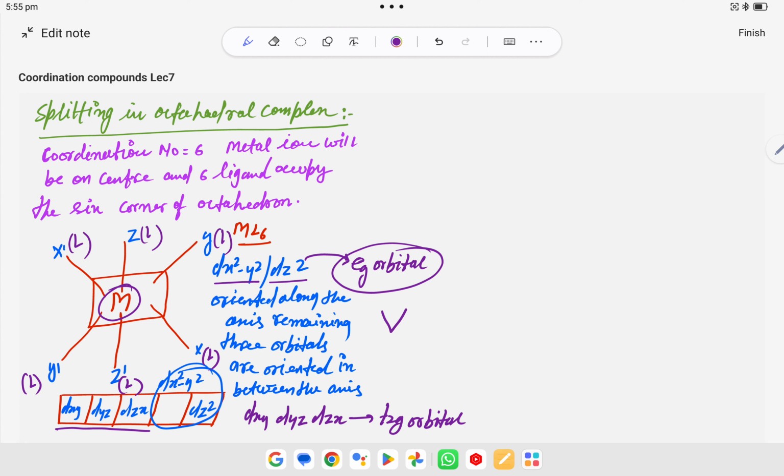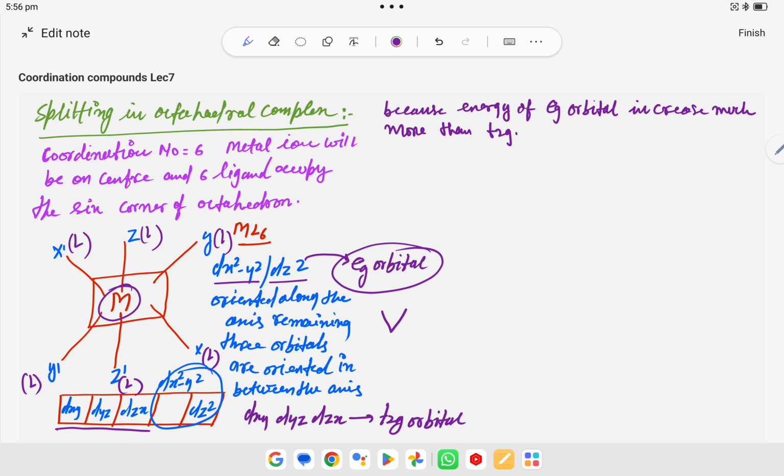Why? Because the energy of Eg orbital increases much more than the energy of T2g.